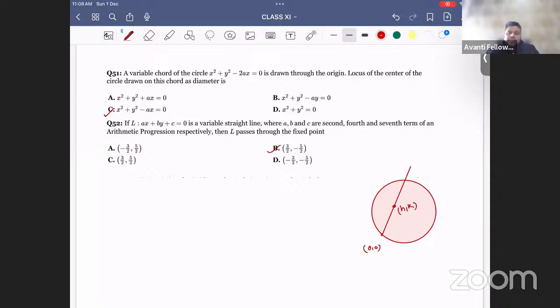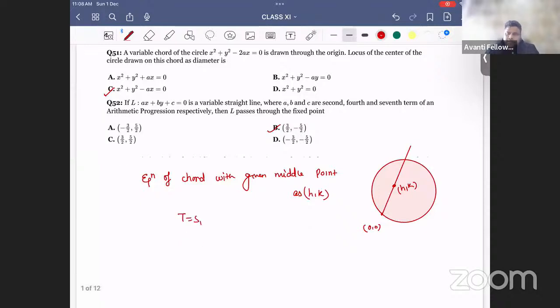Am I correct? So what do you have to write? First of all, write the equation of chord with given middle point as h comma k. So this is T equal to S1.